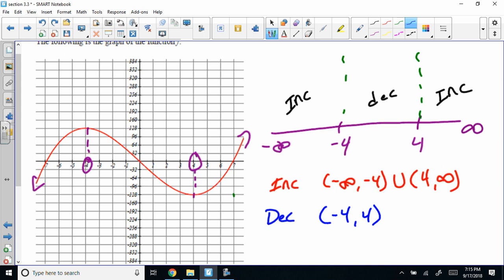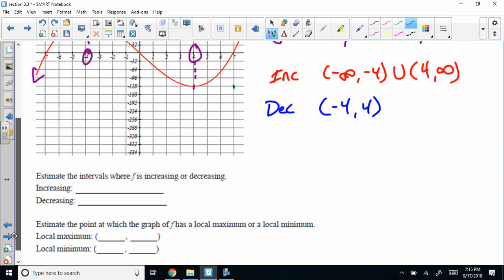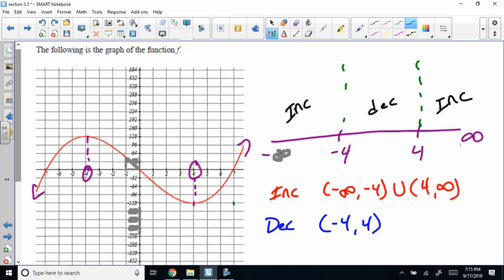Now let's look at local maximum and local minimum. We talked about maximums and minimums the other night when we were going over definitions. First there was local, and then there was absolute. What's the difference between the two? Absolute is the highest point.